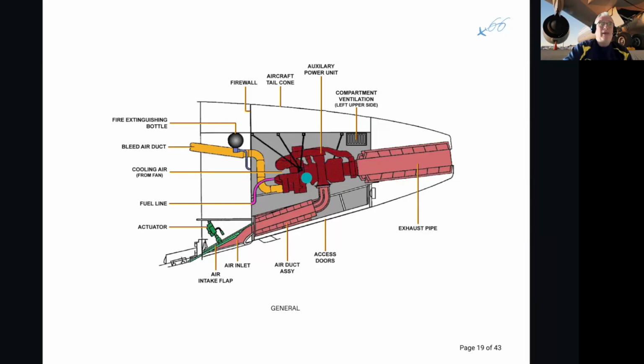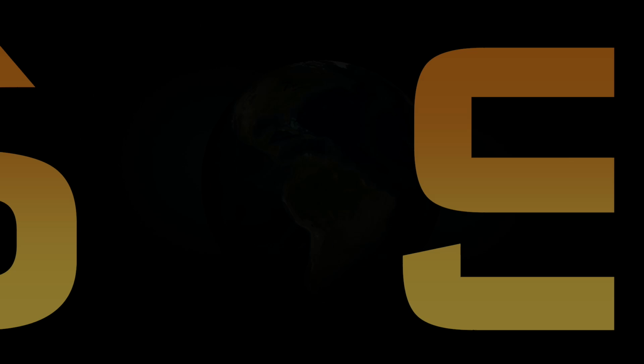The bleed valve will then send the air into the aircraft. And the electrical generator, this starter generator, will send the three-phase power into the aircraft, and all the air from the engine operation will be expelled aft through the muffler here.